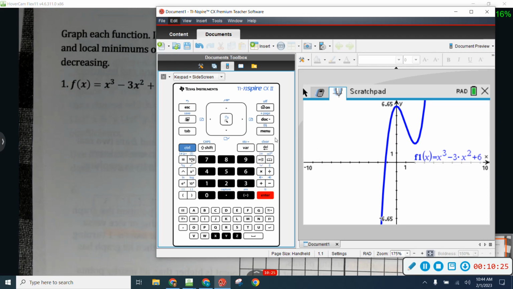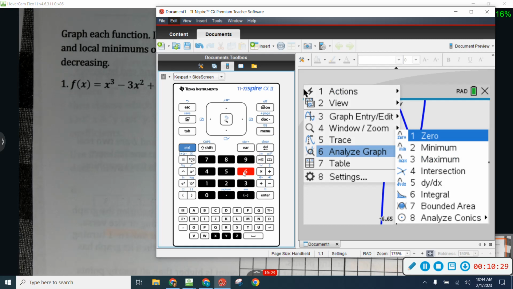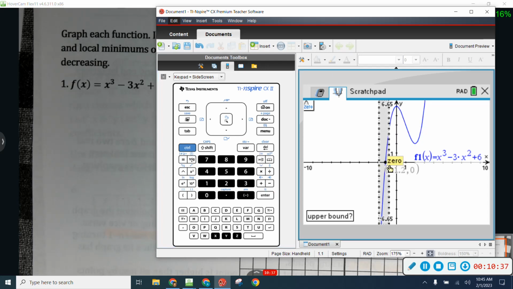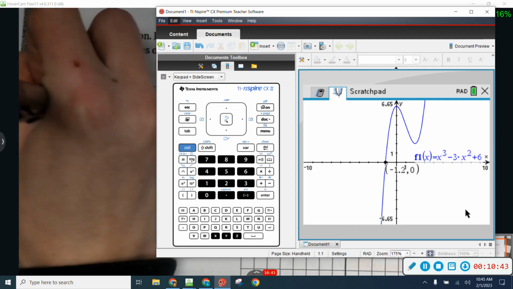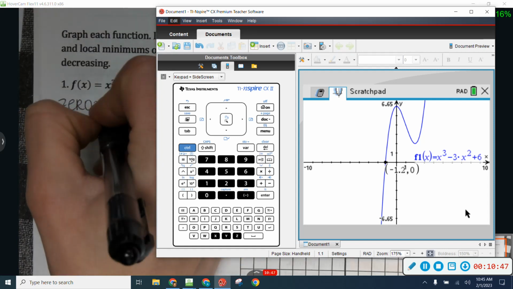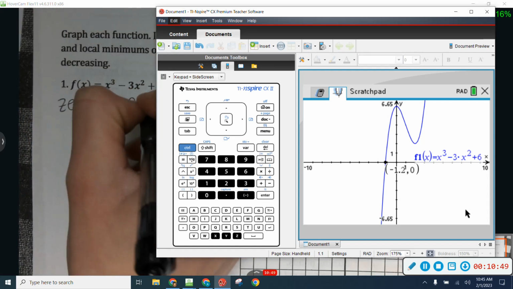So I'm going to find my x-intercept by doing menu 6 enter. Remember, y'all scroll to the left of the x-intercept, hit the middle button, scroll over to the right. Y'all remember that? Okay. So my only 0 is at negative 1.20.